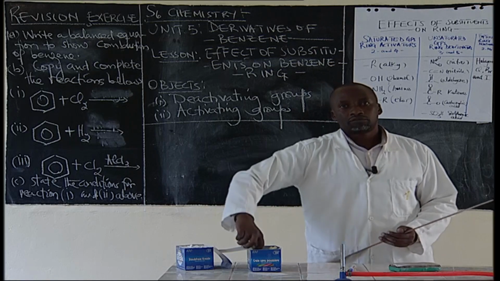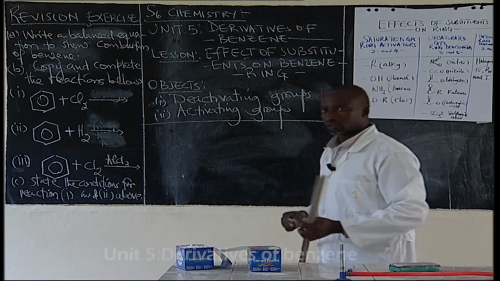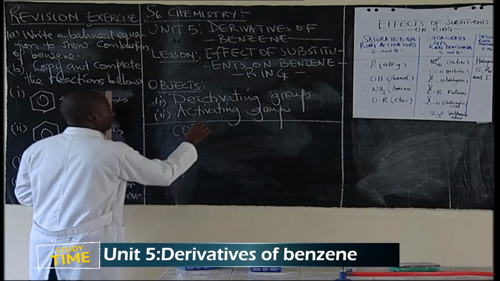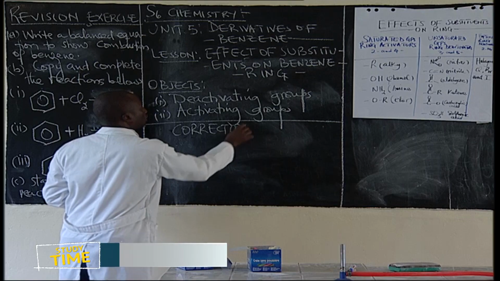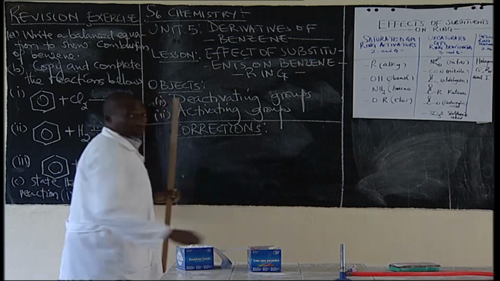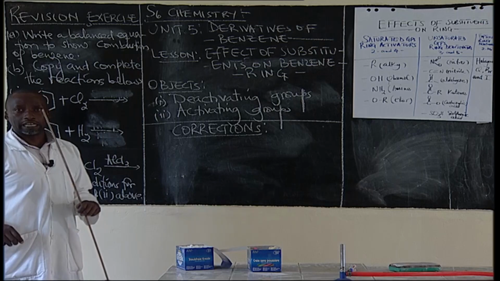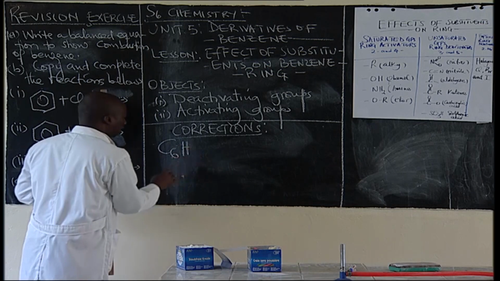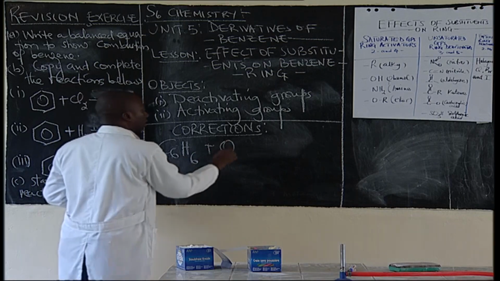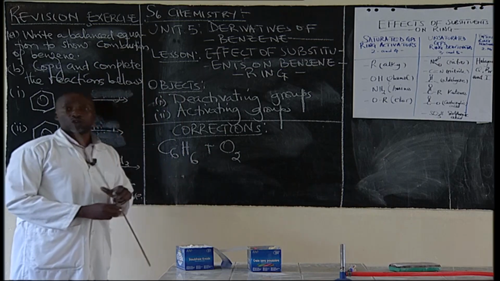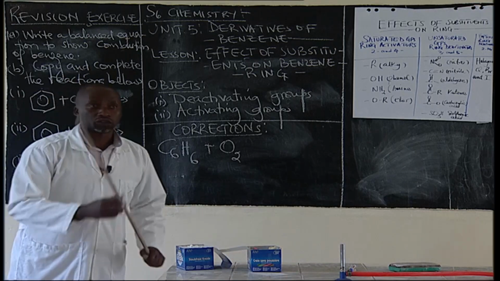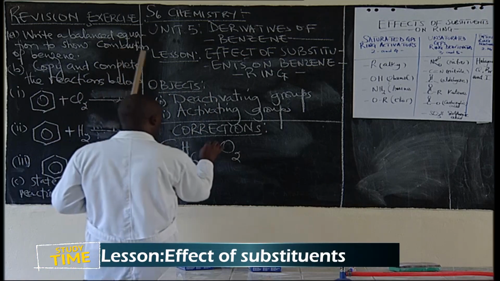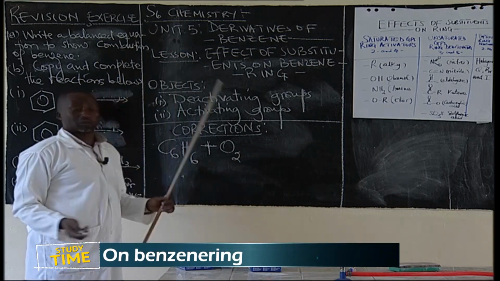Check whether your equation is similar to this. Let's write our corrections here so that we can check together whether we have the same answers. Benzene, you can use the molecular structure, C6H6, plus oxygen. Remember, when we are talking about the combustion, we are referring to the reaction with oxygen, commonly referred to as the reaction in air.